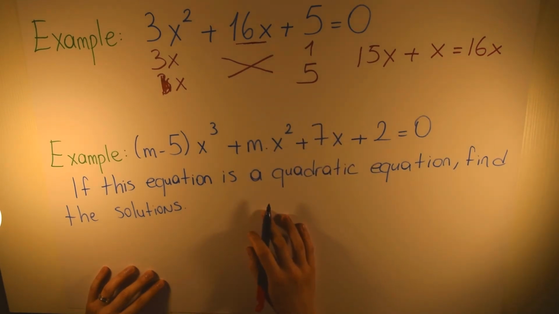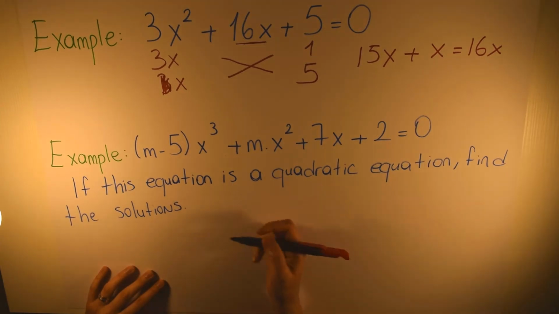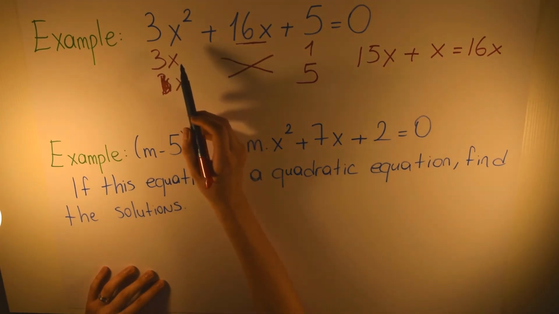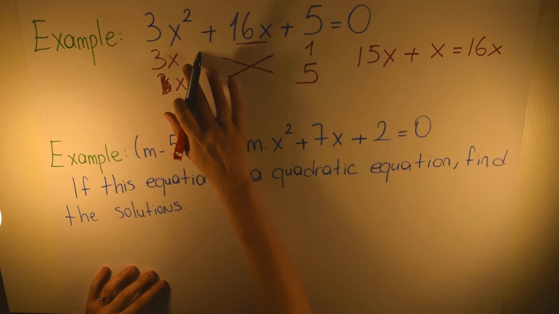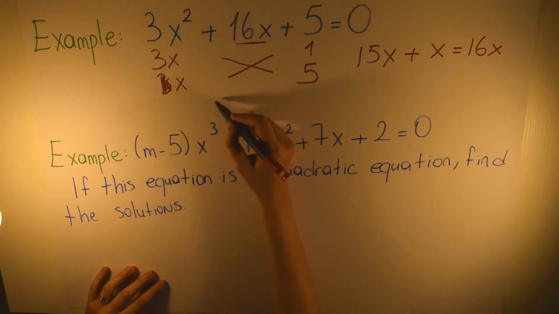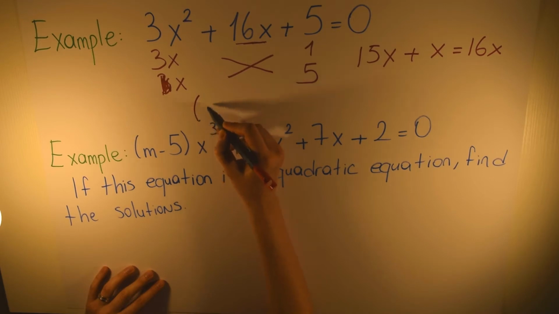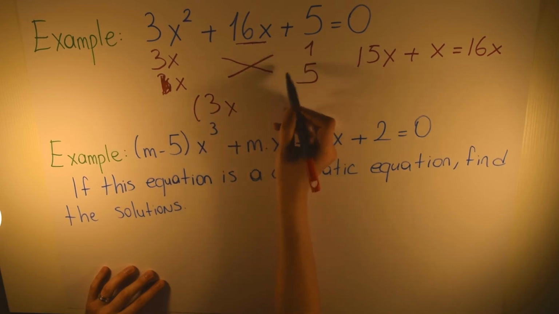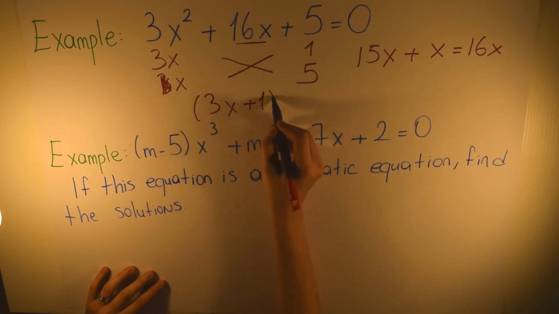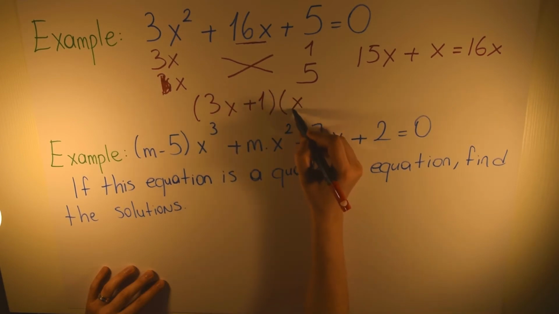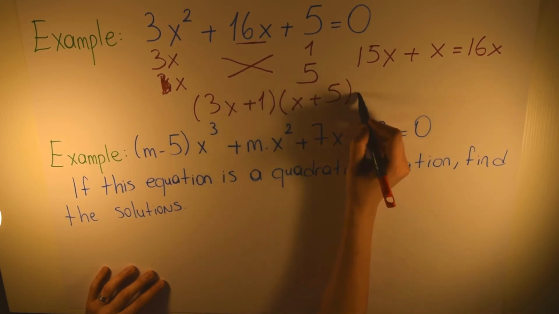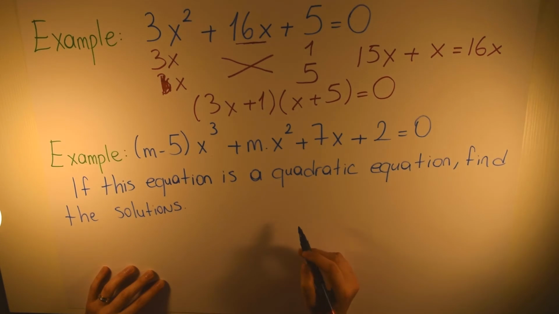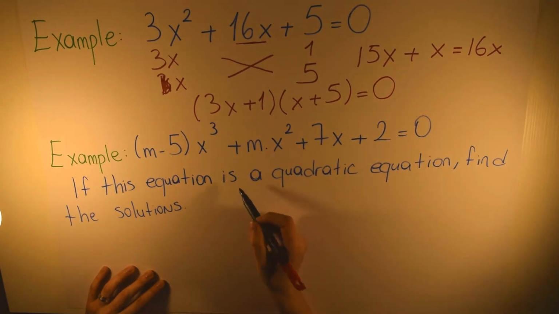So let's continue. After this, it's actually the same thing. When you write them, you write them in the same order, which means I write them as 3x plus 1 times x plus 5 is equal to 0. And after this, you know how to solve it.